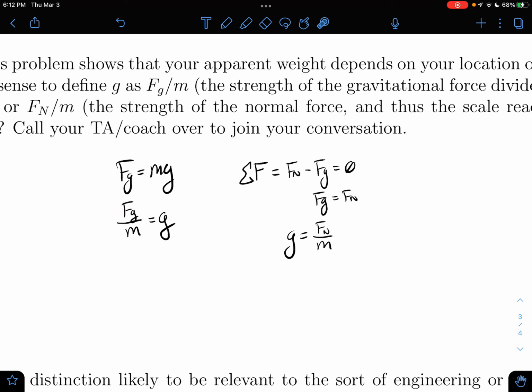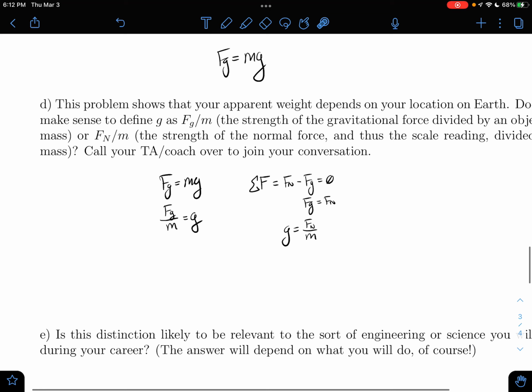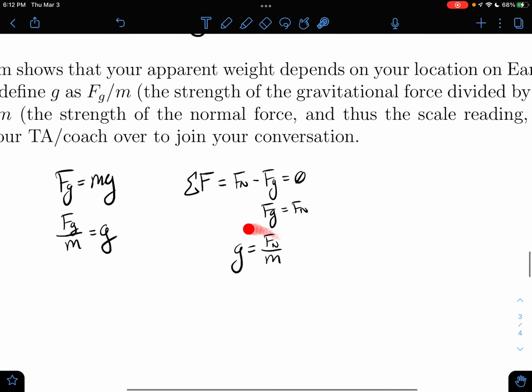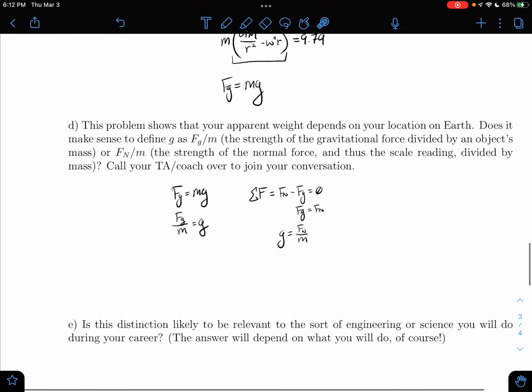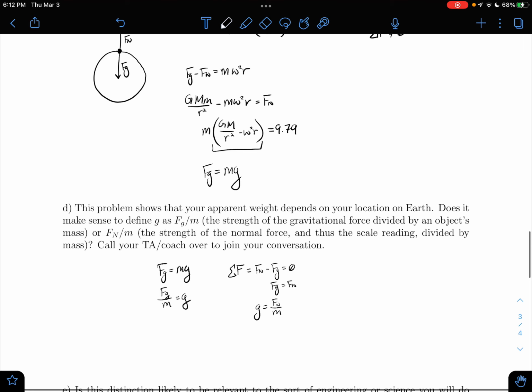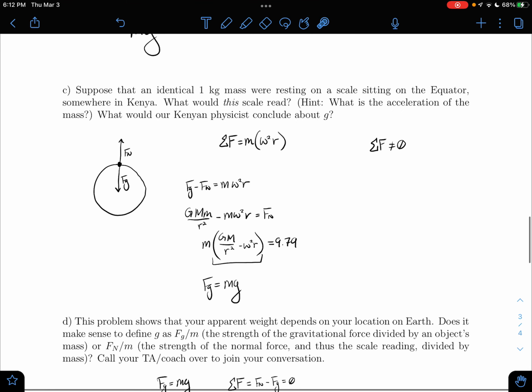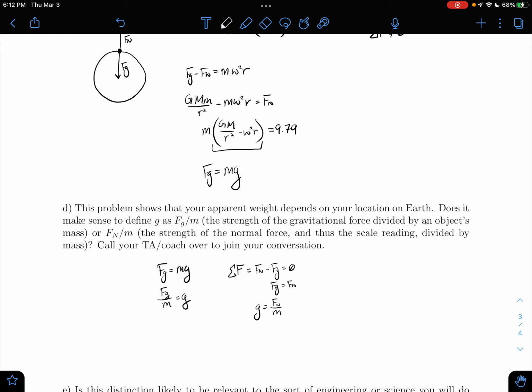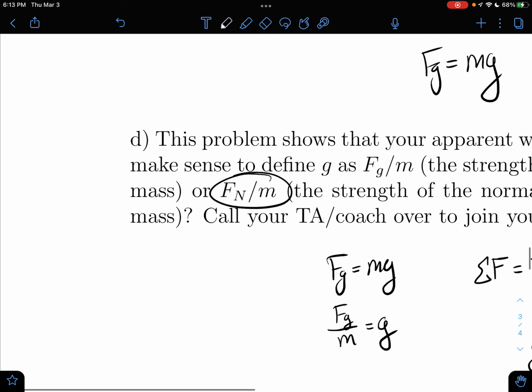We can't necessarily measure the gravity force at any given point. We can calculate it and try to figure it out. It's harder to measure that. We could, but really, if we're adjusted for the centripetal stuff, this value for g, our Fn over m, is going to give us a more useful value.